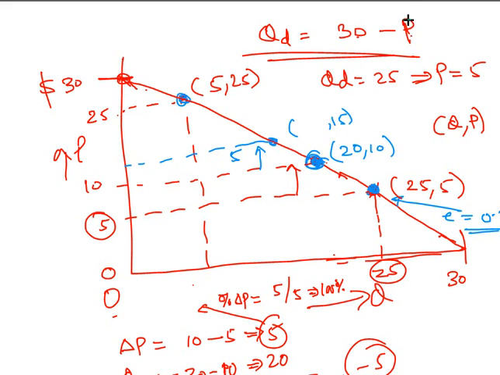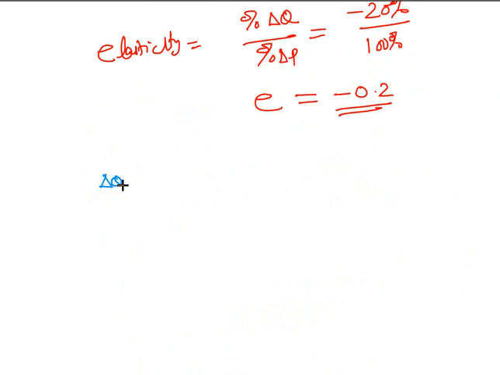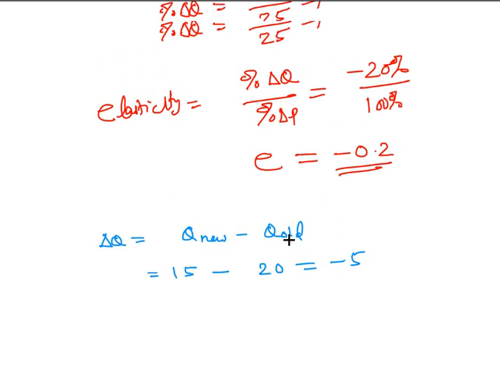When the price becomes 15, what is the quantity that you will sell? Quantity that you will sell is 30 minus 15, which is 15, right? So the change in the quantity, your new quantity minus old quantity, your new quantity is 15, your old quantity was 20, so your change in the quantity is minus 5, right?